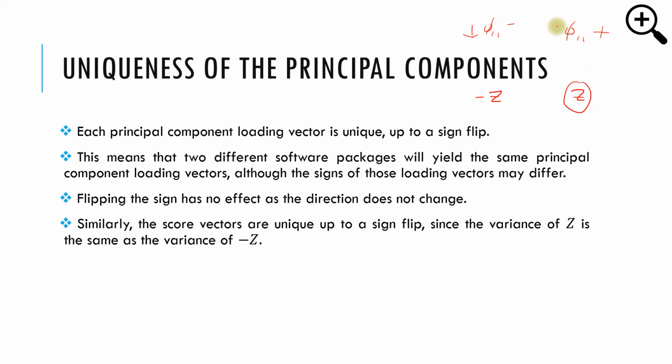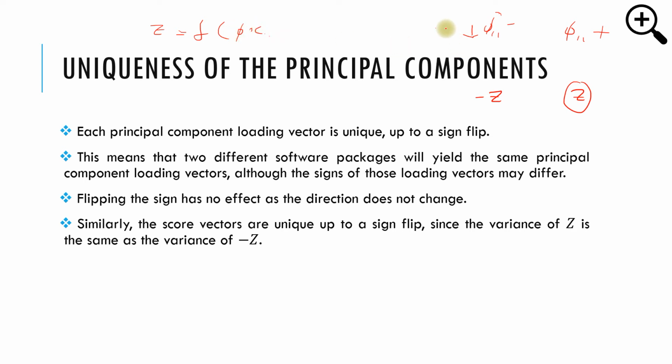All right. But one of the things that you need to understand is that this does not really cause a problem. Whether you have an issue with regards to the sign, the interpretation in the end will be the same. Just remember that Z is a function of what? Your loadings and your different variables.